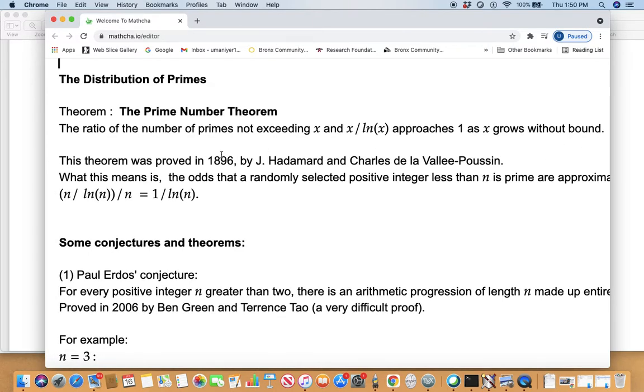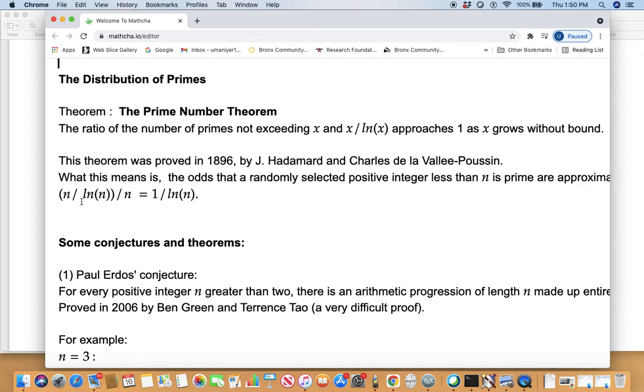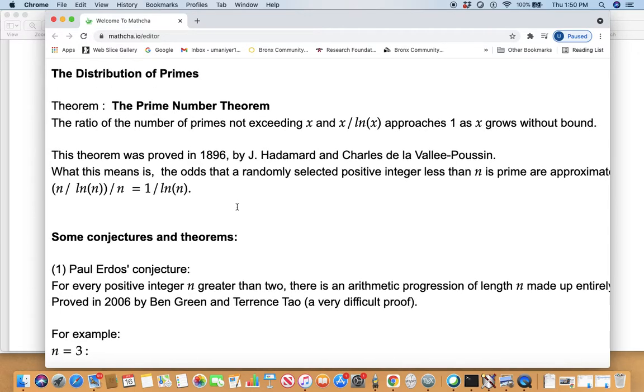Well, first of all, this was proved in 1896 by Hadamard and Vallée-Poussin. What this means is the odds that a randomly selected positive integer less than n is prime are approximately n over natural log n, over n. That is 1 over natural log n. Okay, so this talks basically about the probability of finding a prime.